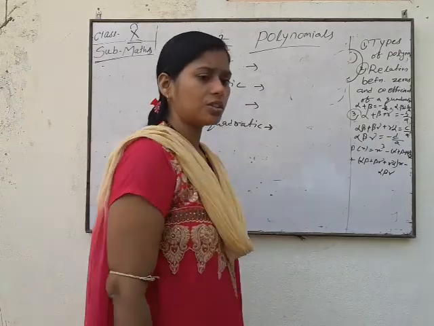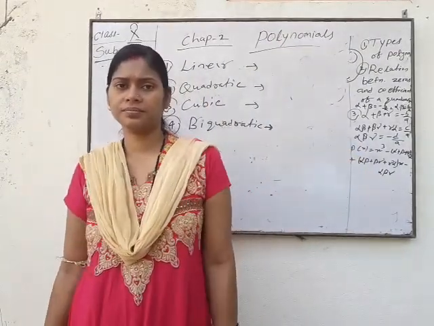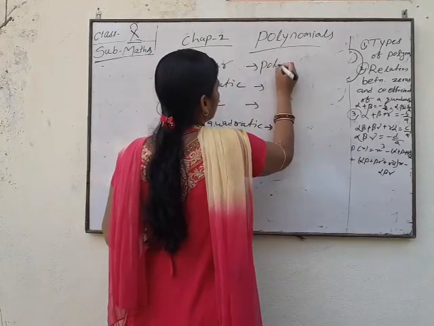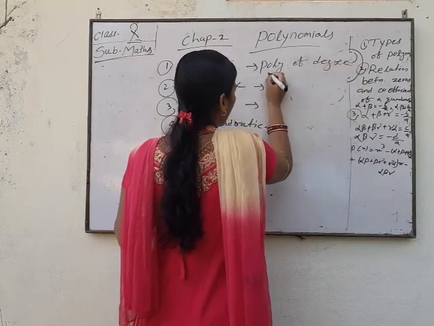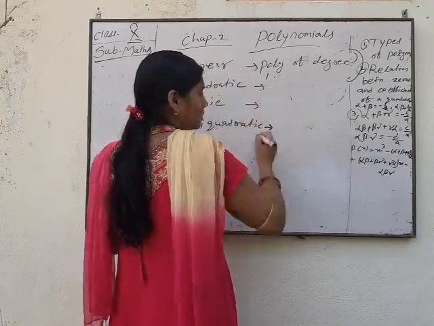Linear polynomial means a polynomial of degree 1. This is called linear.